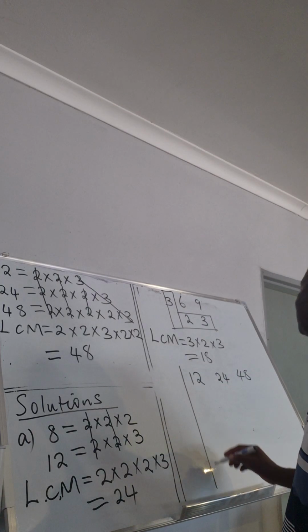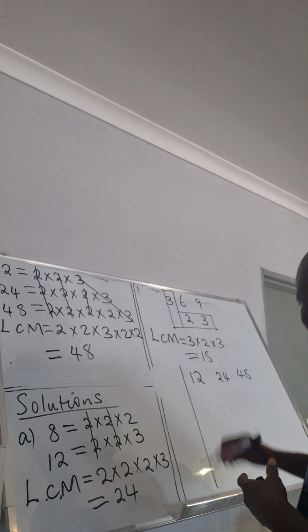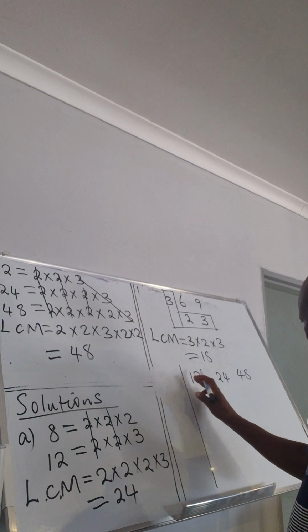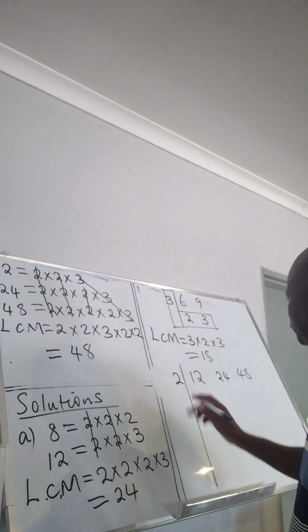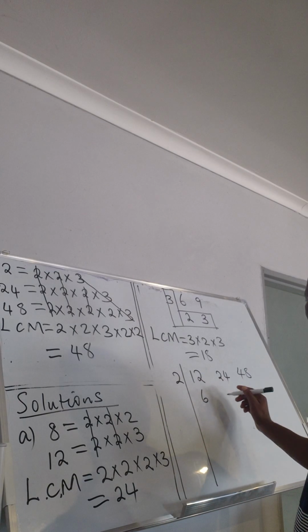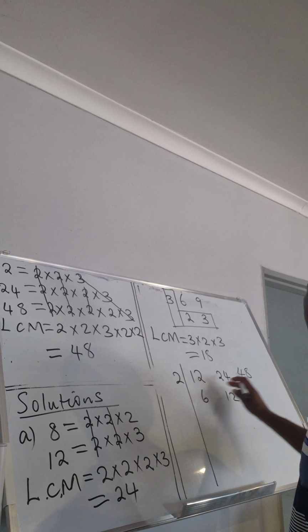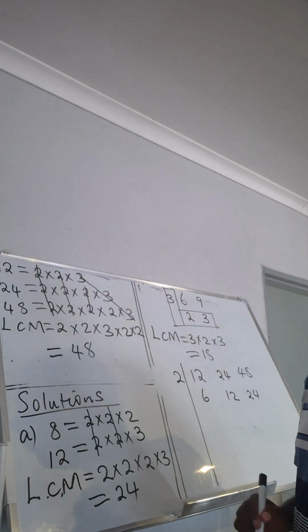Then we write like that. Then find a number that divides the 3. We have a 2. 2 into 12, you get 6. 2 into 24, you get 12. 2 into 48, you get 24.